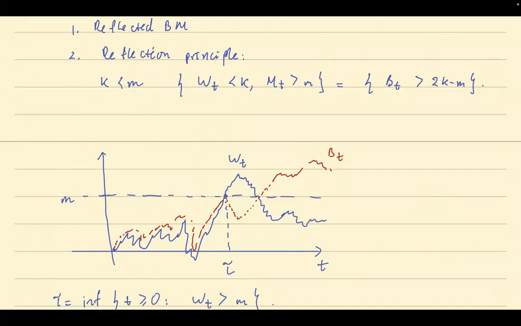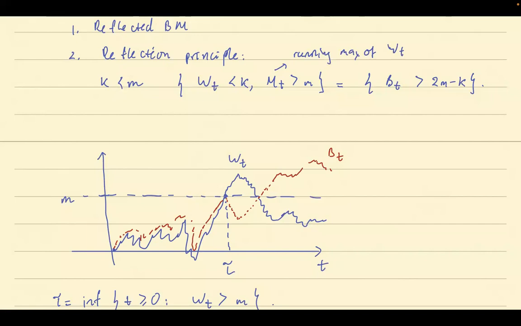Hold on. It is 2m minus k. Not 2k minus m. See? All right. By the way, this Mt is the running max, as we talked about before.